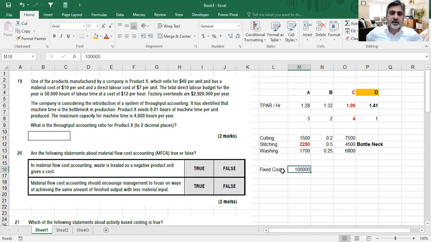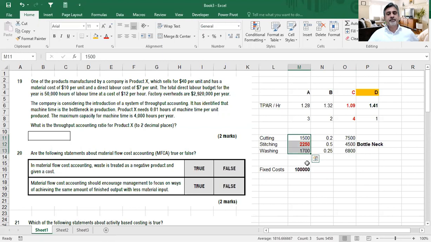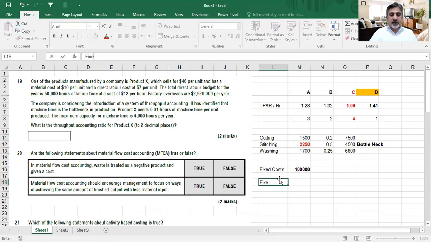What is the cost per hour? Are you going to divide this 100,000 by 1500? Are you going to divide it by 2250? Are you going to divide it by 1700? Or are you going to divide it by the total of these three? My question is, what is the fixed cost per hour?